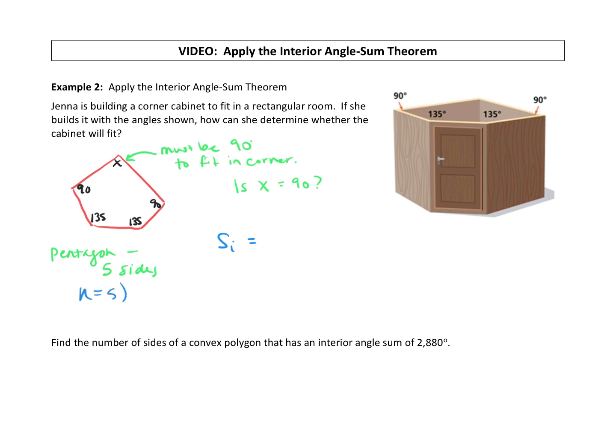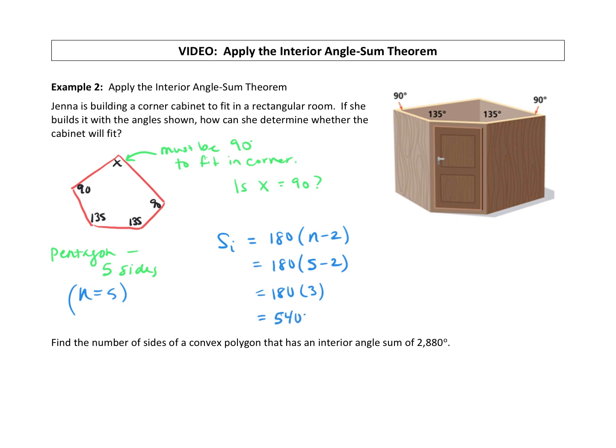N equals 5 for a pentagon. So our formula is 180 times n minus 2. And I'm just going to plug in, we know that n is 5. And 5 minus 2 is 3. So 180 times 3, we're looking at 540 degrees.